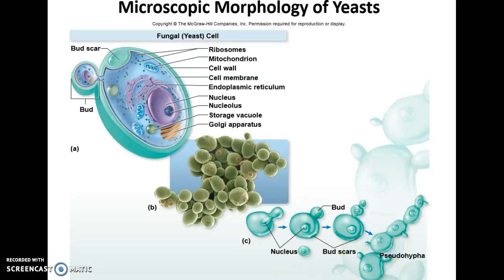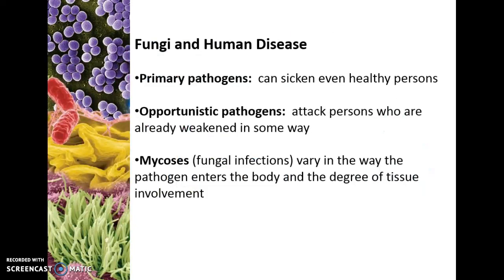Now, with yeast, you can sometimes have pseudohyphae, and it's fake hyphae because you have this string of cells that are being produced, but this string of cells is being produced because the new buds simply are not breaking off, and so you have this fake chain of cells. They're normally not in chains.